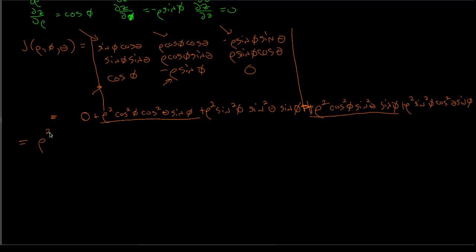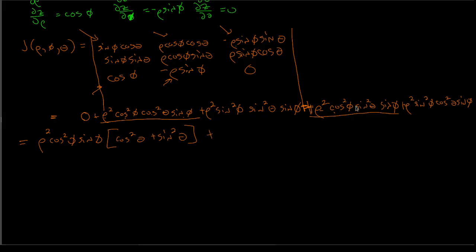I'm going to have rho squared and cosine squared phi and sine phi, times cosine squared theta plus sine squared theta. We have a rho squared, a cosine squared phi, a sine phi, so we can pull those out front. And inside we have a cosine squared theta plus a sine squared theta.